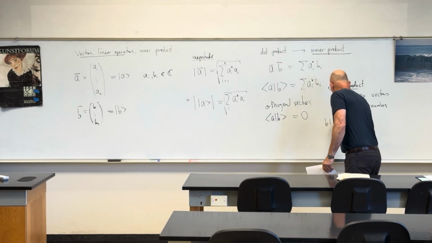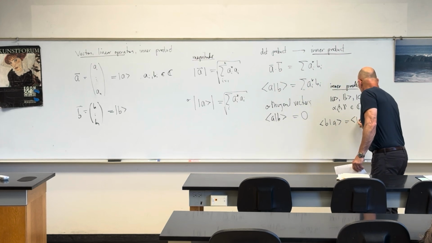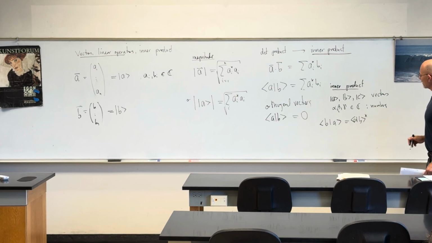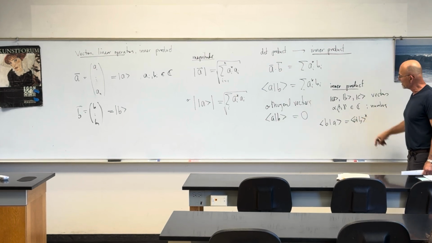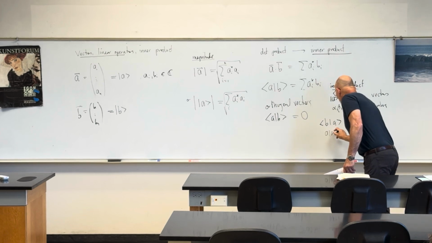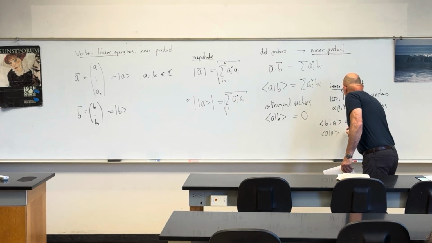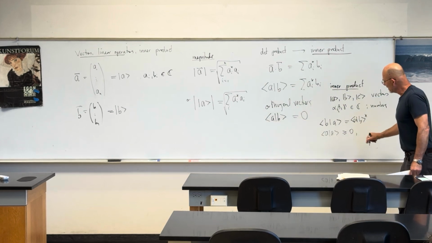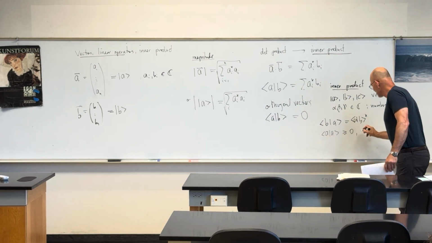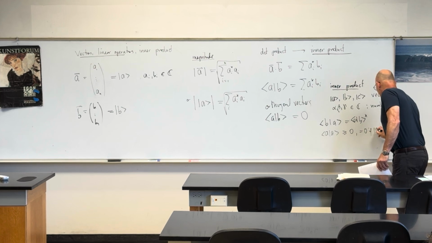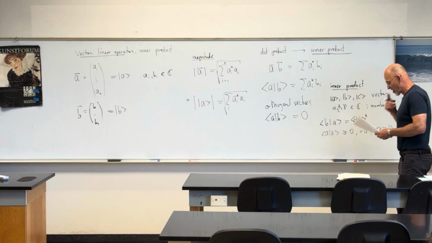You reverse the order: it's the complex conjugate, so if you reverse the order you have the original one complex conjugated. You have the inner product of A with A greater than or equal to 0, and it's only equal to 0 if A is a 0 vector.